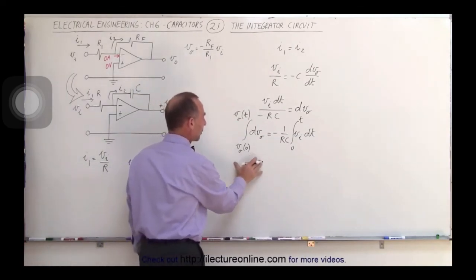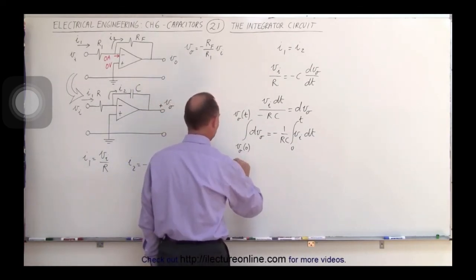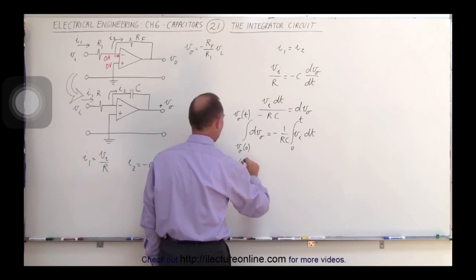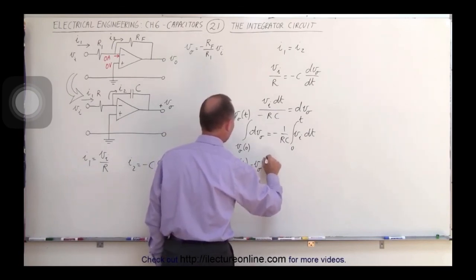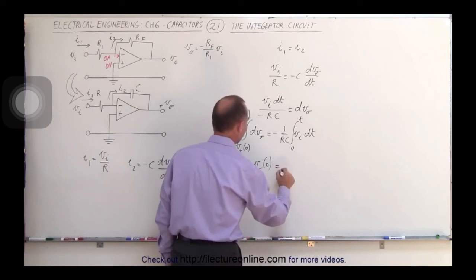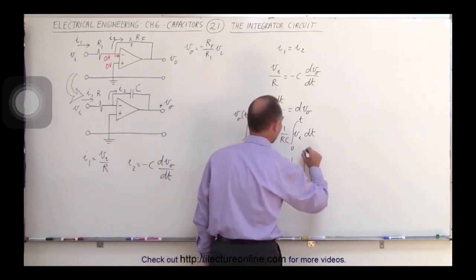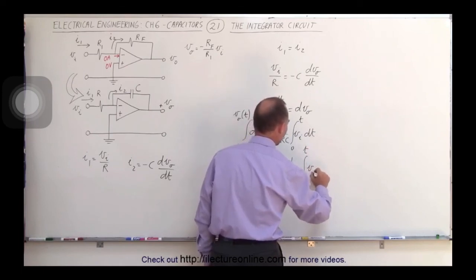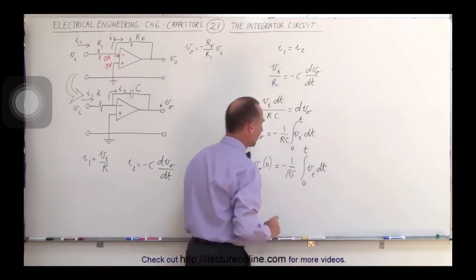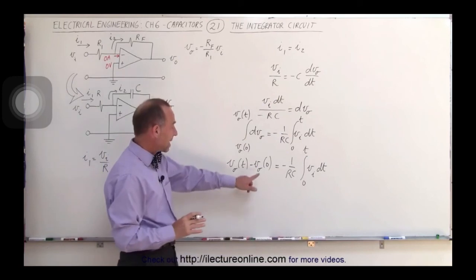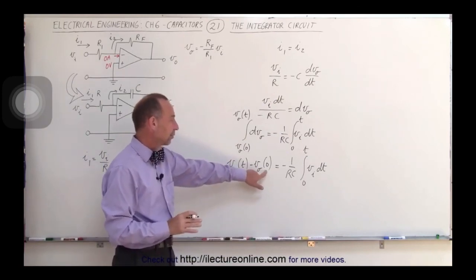Well, on the left side, what we're going to get is the voltage output at t minus the output voltage at time equals 0, which is equal to minus 1 over RC times the integral from 0 to t of the input voltage times dt. Now let's assume that the output voltage at time equals 0 is equal to 0.